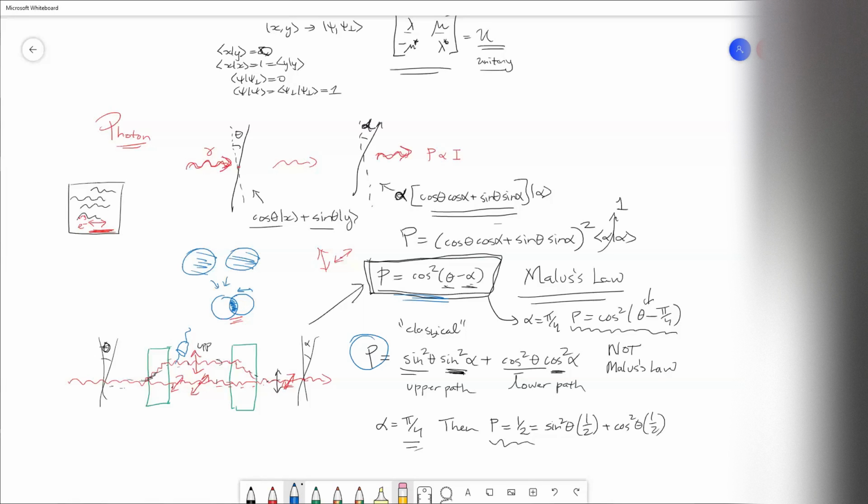Yeah, that's right. And that's the weirdness of it. I guess photons are kind of opposite of electrons from the point of view of intuition, because we're used to thinking about things like Malus's law, because we study electrodynamics, where superposition of waves is a very intuitive thing.